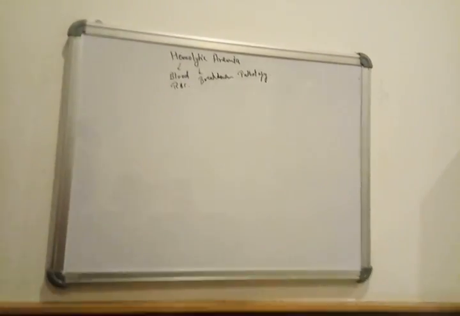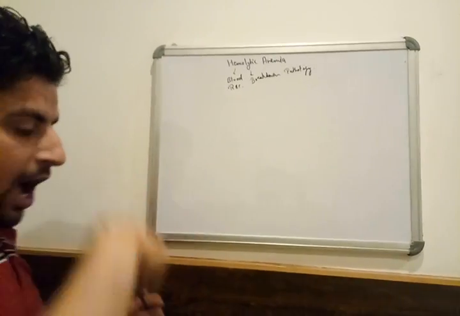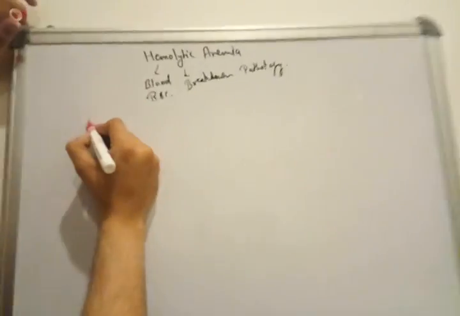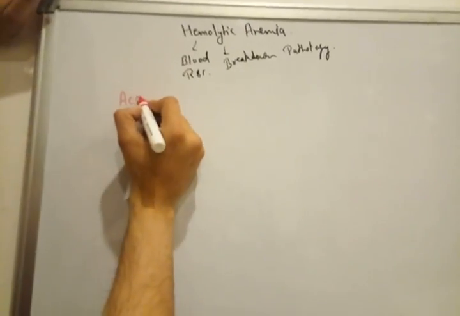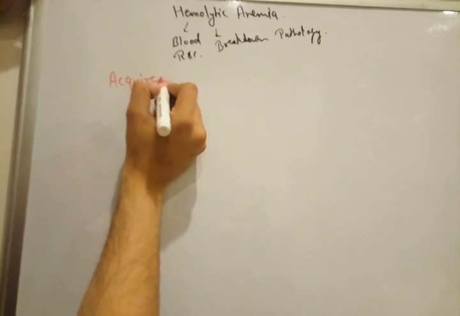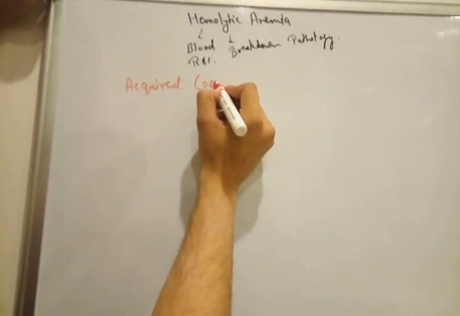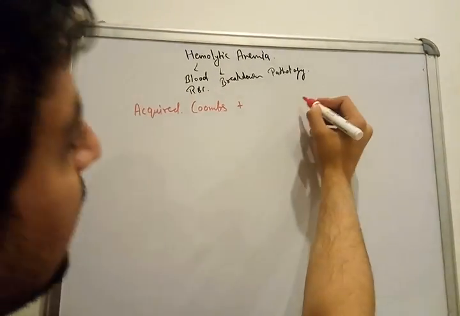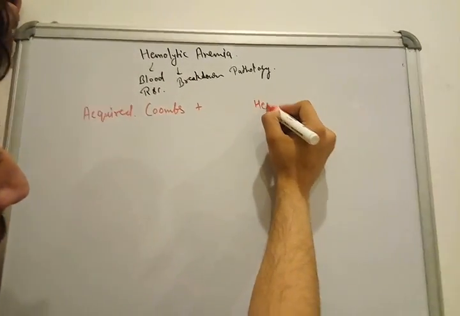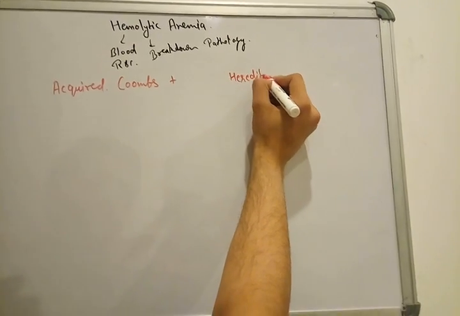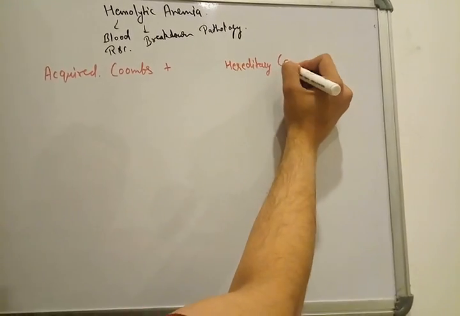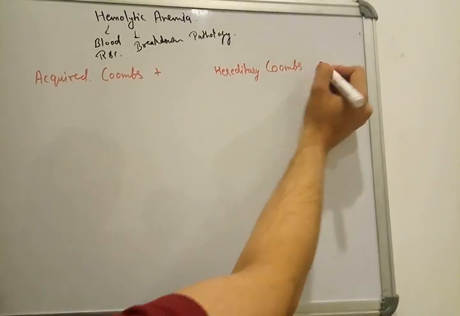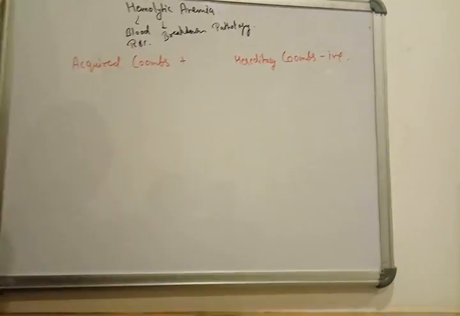So my dear friends, till here I hope you understand. This breakdown of RBCs happens in two ways. Remember, by two ways: acquired, Coombs positive, classification, and another one is hereditary, Coombs negative, my dear friends.